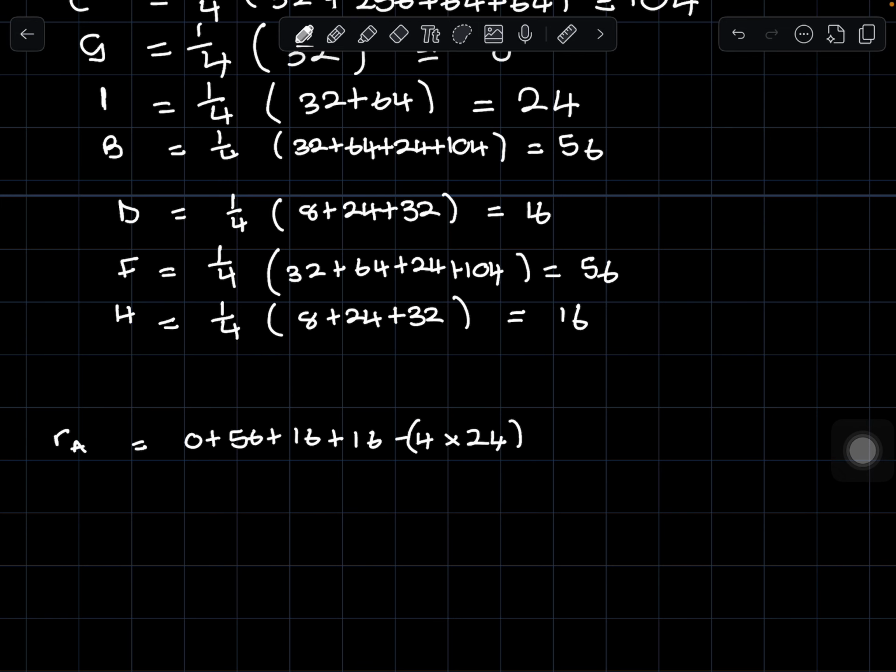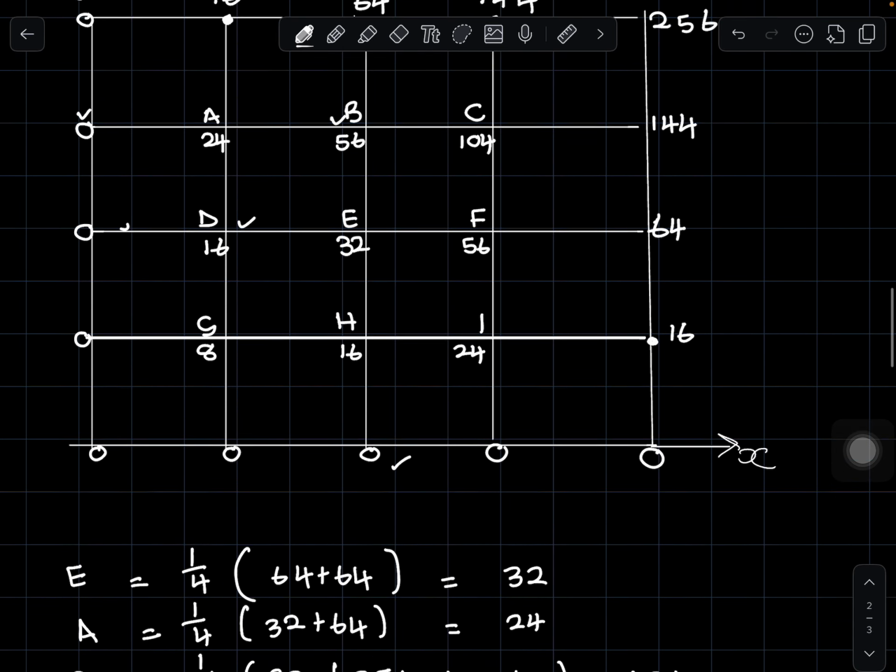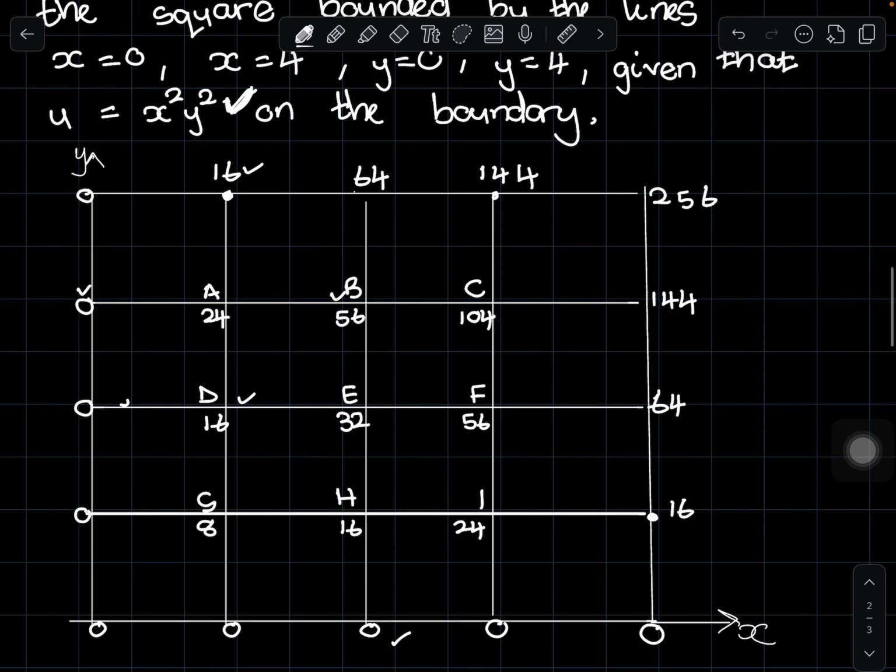Let me put a bracket there. So the answer is minus 8. So our residual there is minus 8. Right, okay. So the next thing, maybe let me just use a different color for the residuals. Yeah, so if we use a different color so that people are not lost.